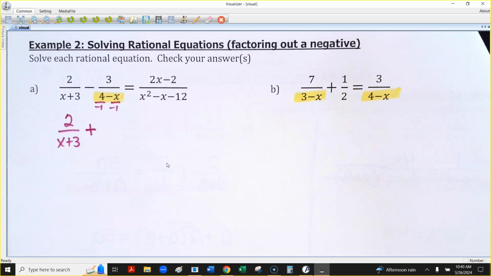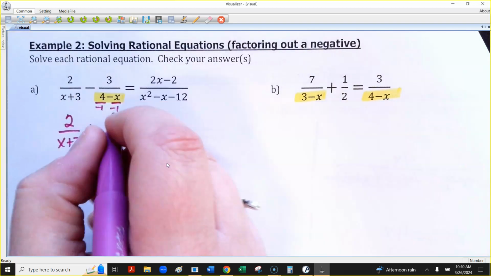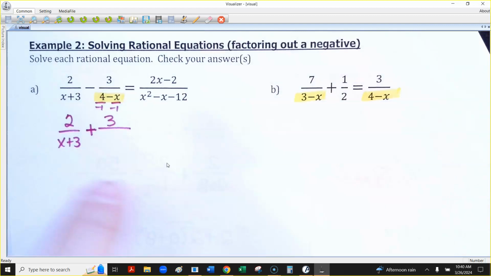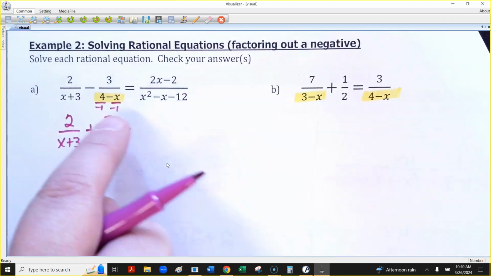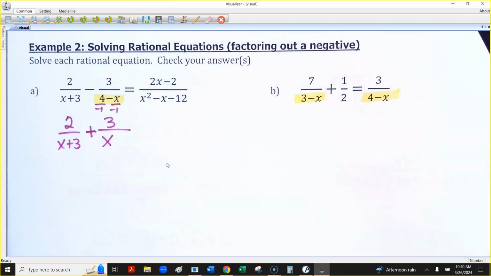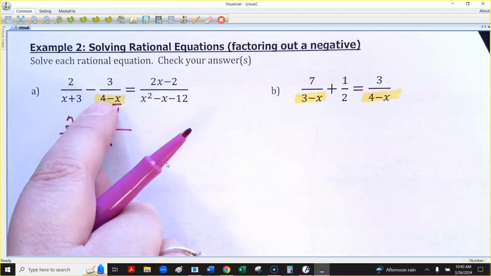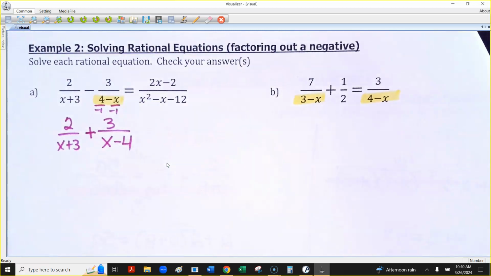So I'm just going to do it to the bottom. When I pull that negative 1 out there, that's going to change this sign to a plus. Also, it's going to change the sign of each of those terms. So I'm going to write the x first. When I take a negative from a negative x, that would actually make it positive x. And if I take a negative from a positive 4, that would actually make it x minus 4.